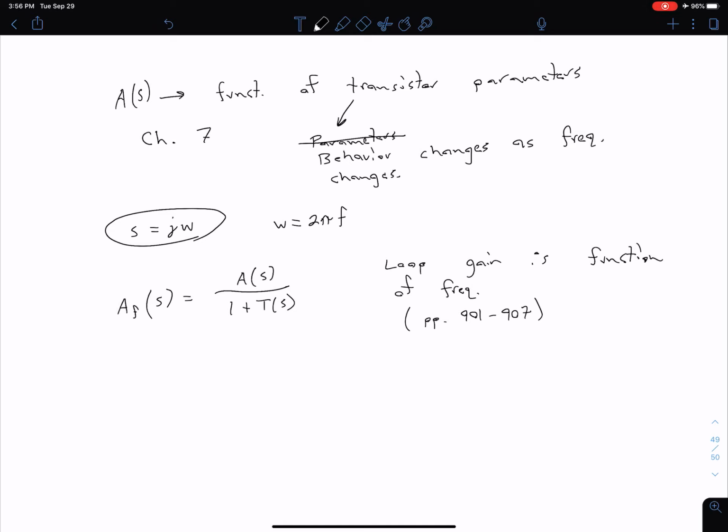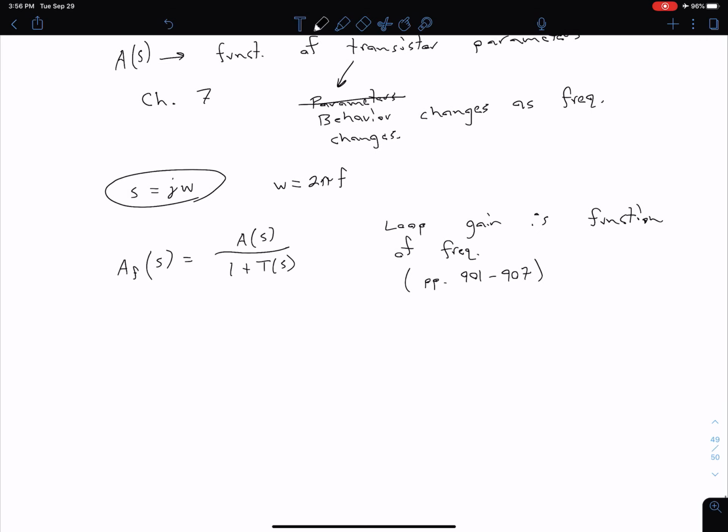But what we'll see explicitly in equations in a little bit is that for certain frequencies, our loop gain becomes a value such that our negative feedback, where we were subtracting the output portion fed back to our input, becomes a positive number, such that we have positive feedback.